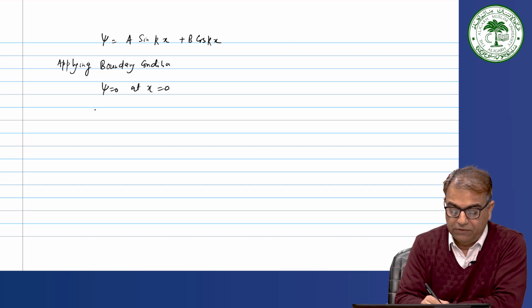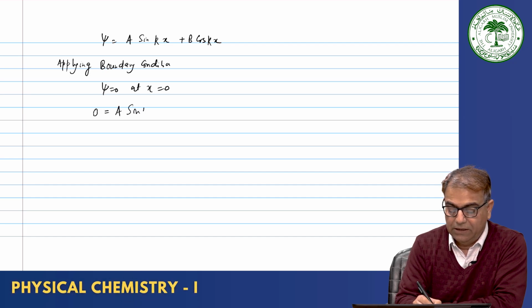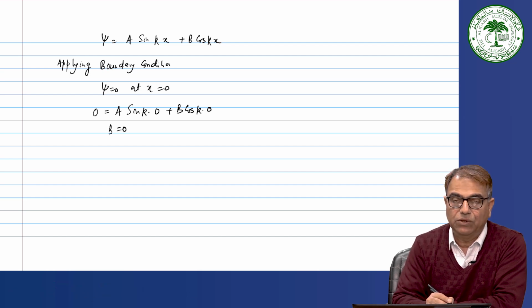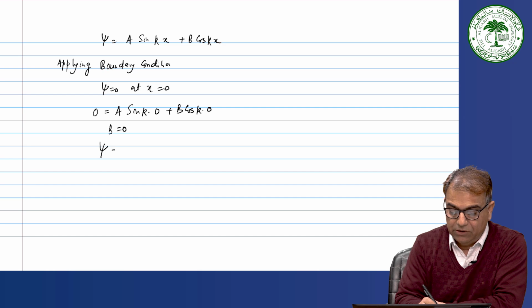So, the equation will change, psi is equal to 0: a sin k into 0 plus b cos k into 0, and what does it mean? Sin 0 is 0 and cos 0 is 1. So, you have b is equal to 0, and if b becomes equal to 0, then your psi reduces to a sin kappa x, because b is equal to 0 now.